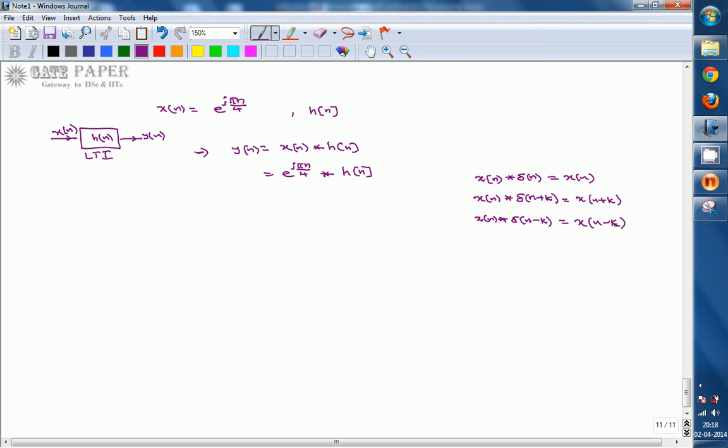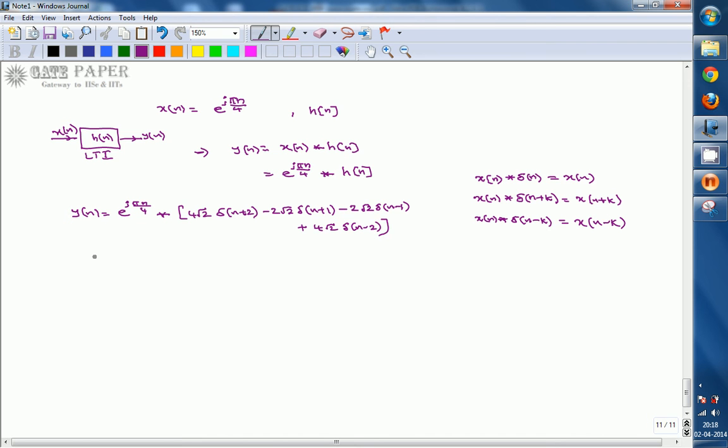Then by applying this rule, y of n equals e power j pi n by 4 convolved with h of n, which is 4 root 2 del of n plus 2, minus 2 root 2 del of n plus 1, minus 2 root 2 del of n minus 1, plus 4 root 2 del of n minus 2.